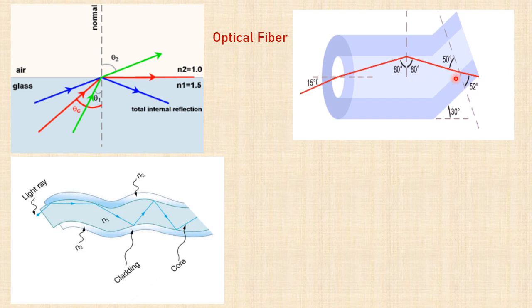For example, in this case, as you see here, it is just 50 degrees. So it may happen that the light gets lost into the cladding, just because there is a bend in the fiber.